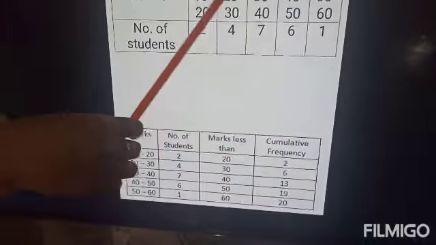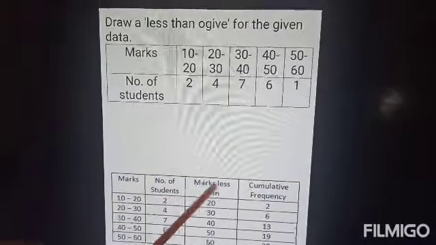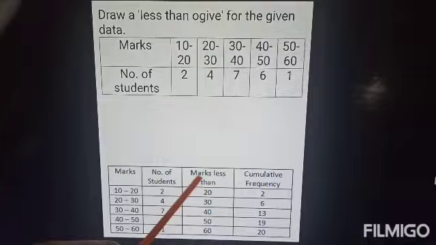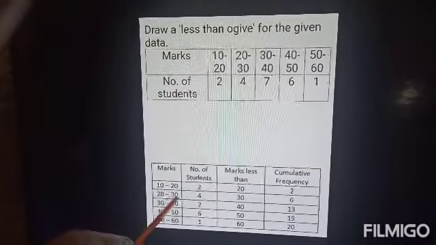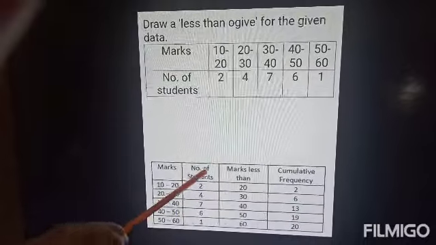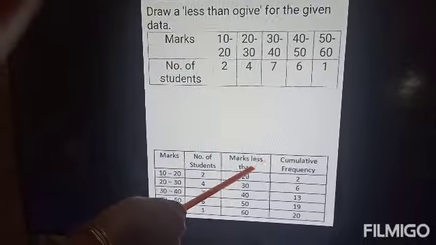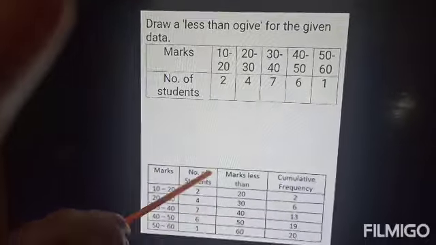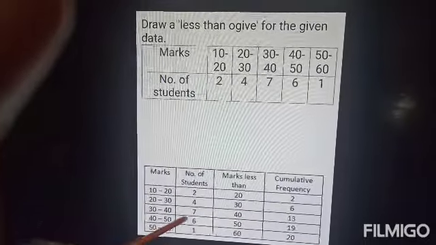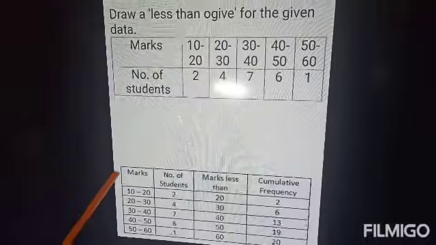Okay. Now, we have to draw the graph. Before that, we have to prepare a table. This is the given question. Next, we have to find the marks less than. Okay. See, this is the class interval. These are the frequencies given. Okay.